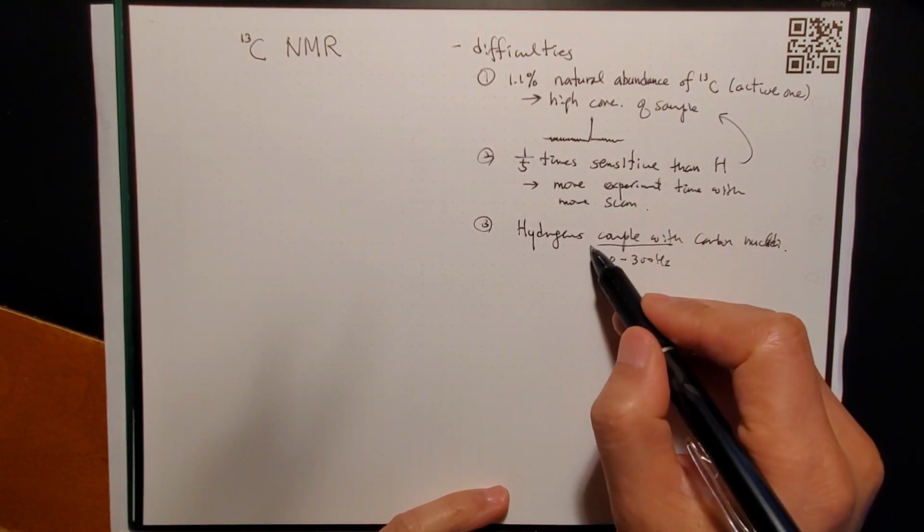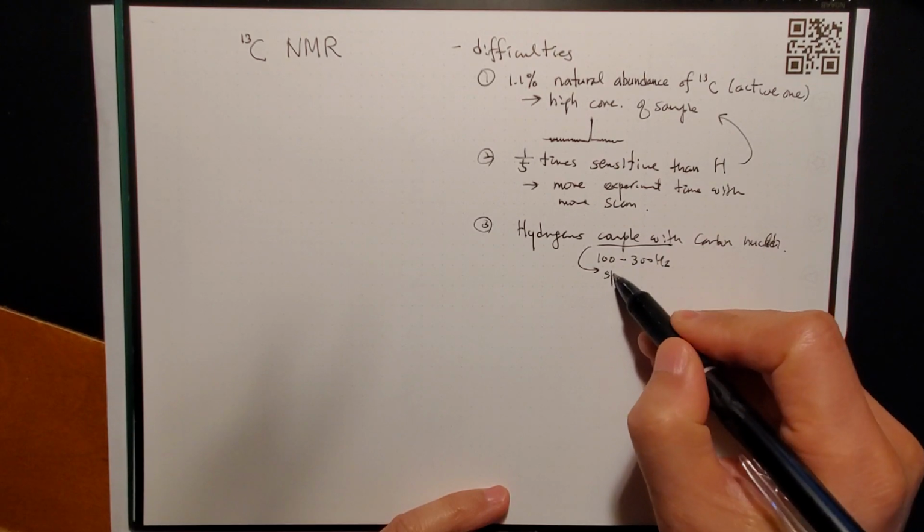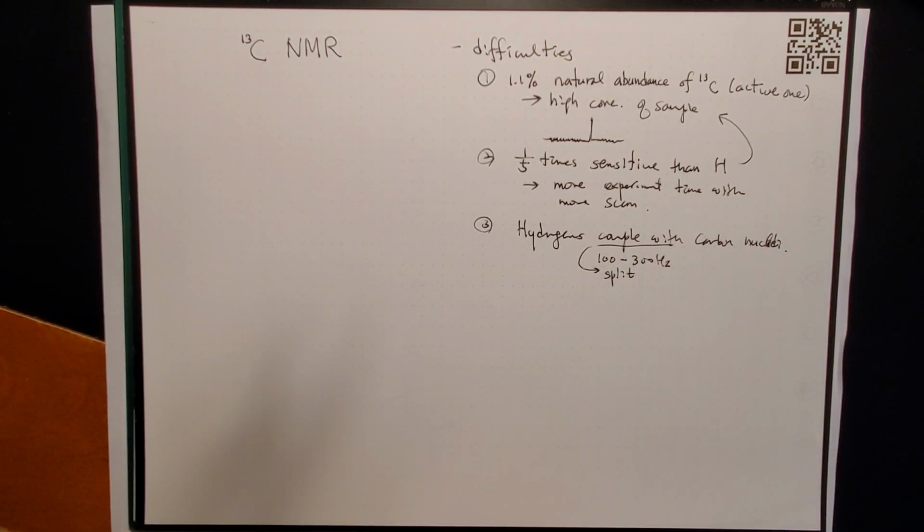Remember, the coupling gives splitting. Splittings among hydrogens are normally less than 10, or sometimes a little more than 10. But as you can see, you get about 10 times greater splittings. And each carbon has multiple hydrogens, so the splitting makes the carbon-13 NMR quite complex.